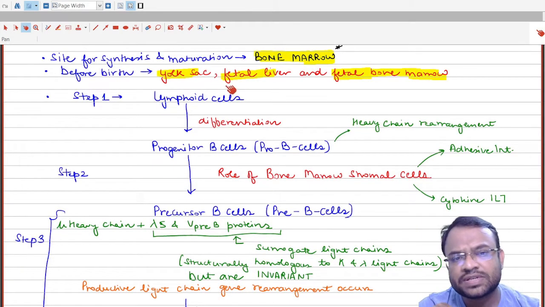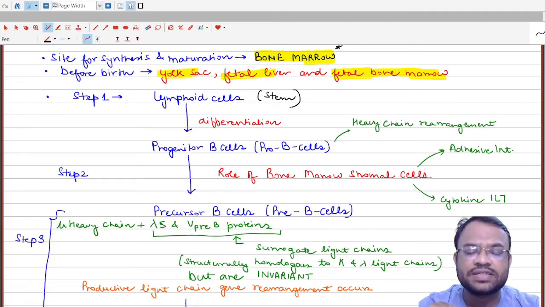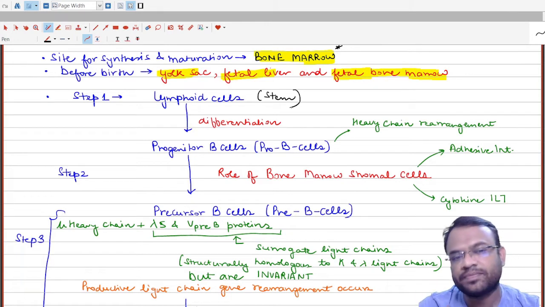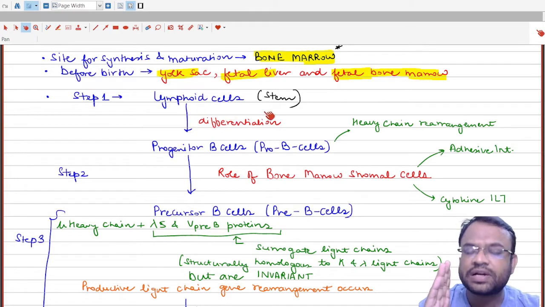The first step is the lymphoid stem cells. These lymphoid stem cells undergo differentiation. Differentiation means they gain a particular fate.